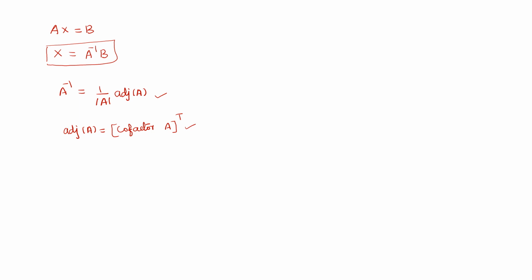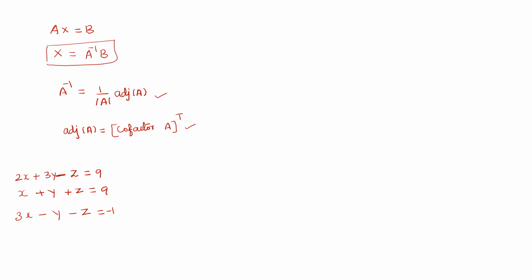So now let us take the equations 2x plus 3y minus z equal to 9, x plus y plus z equal to 9, 3x minus y minus z equal to -1.